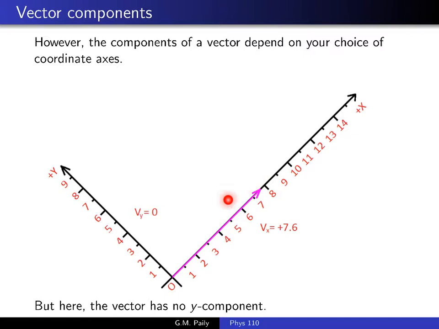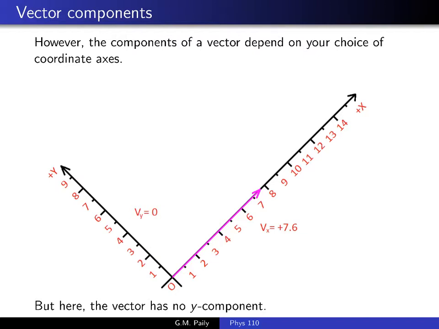This is now the same vector v, but I have now chosen my axes like this. In this situation, v_x is positive 7.6 and v_y is 0. There is no y component. You might say, well, this is an unnatural way of picking your coordinate axes, but in fact there is no natural way of picking the coordinate axes.